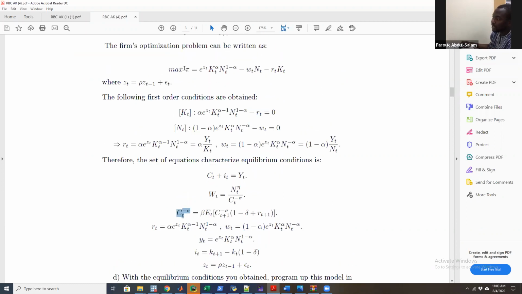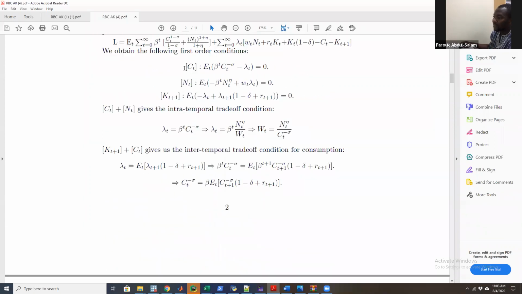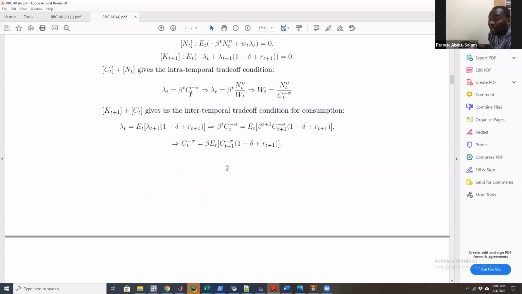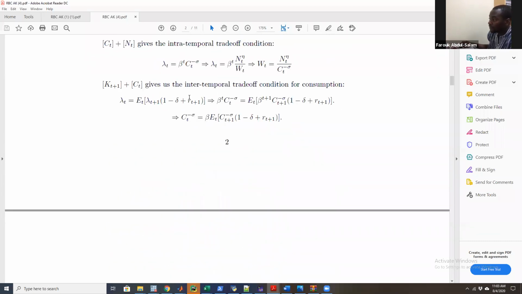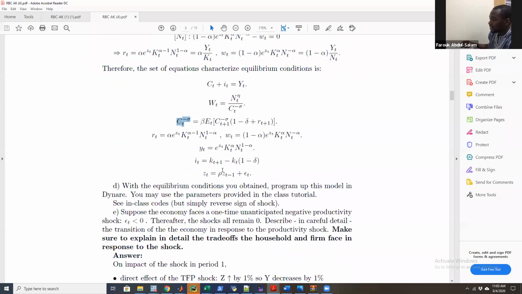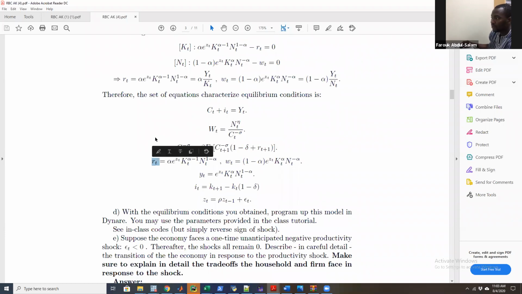So there are going to be a lot of problems in here. And the issue we have here is we don't necessarily see the problem playing out. An example here, Z coming down implies that Y comes down, and Y coming down implies that R comes down, or where Z comes down implies that R comes down. The question here is, if R, the rental rate of capital, is down, it affects this guy here.